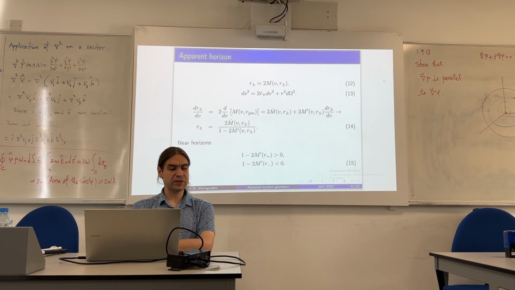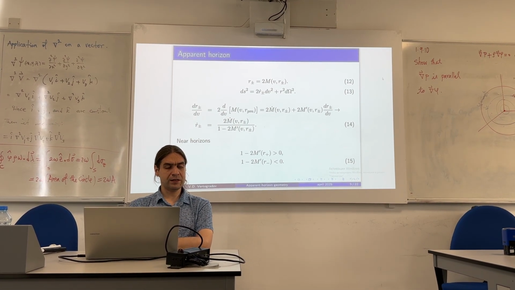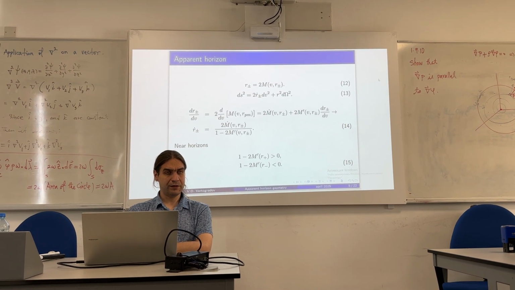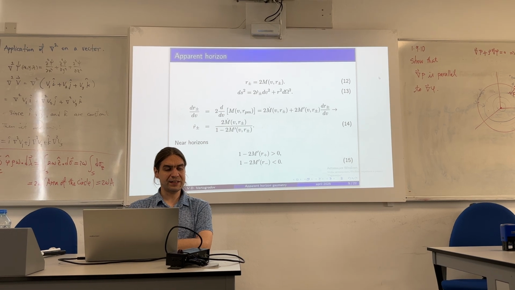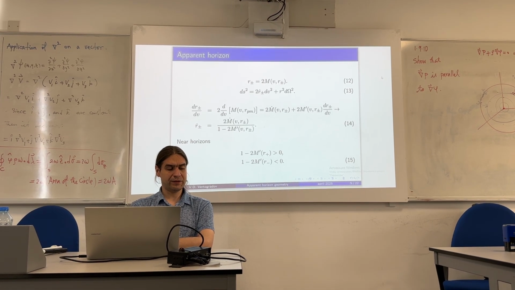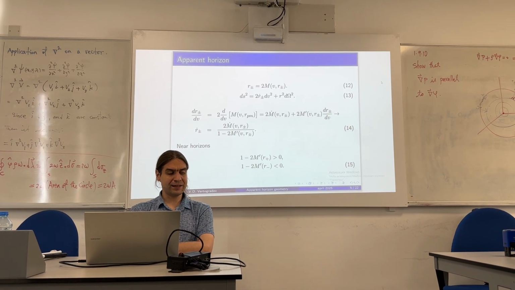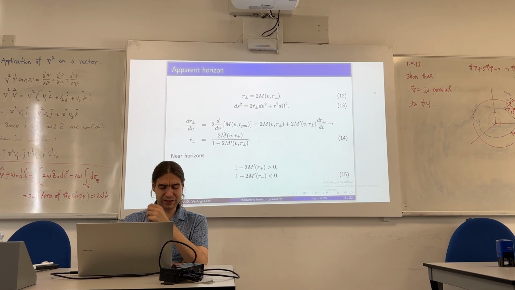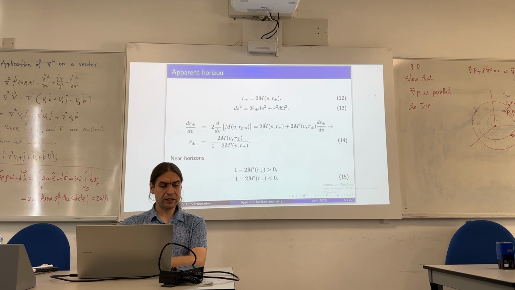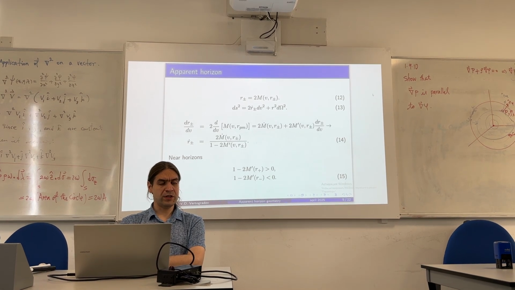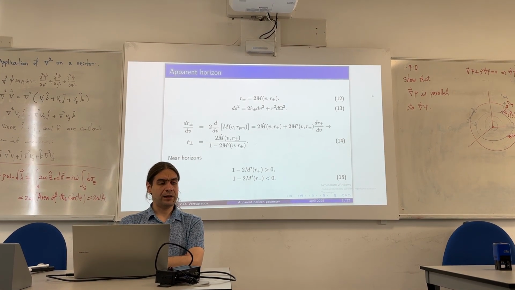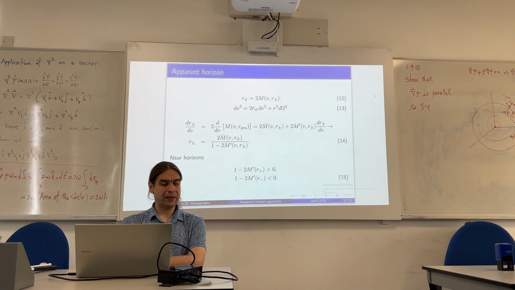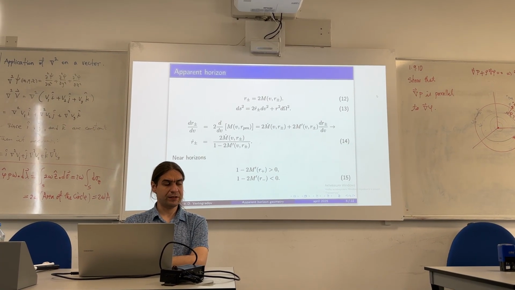And 1 minus 2m prime is positive when we consider the outer apparent horizon, and it's negative when we consider the inner apparent horizon. So we can just consider the usual situation, and let 1 minus 2m prime on r plus be greater than 0.